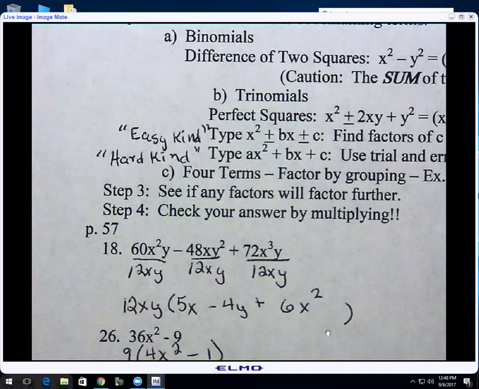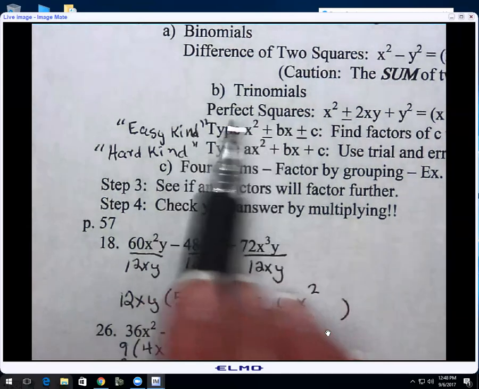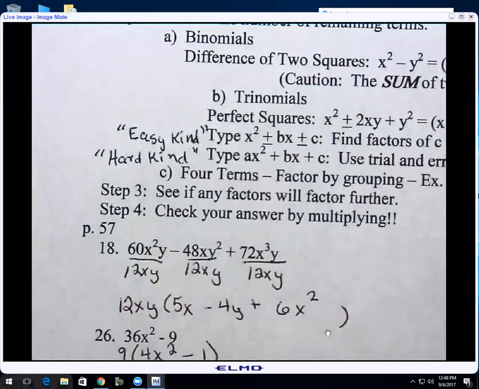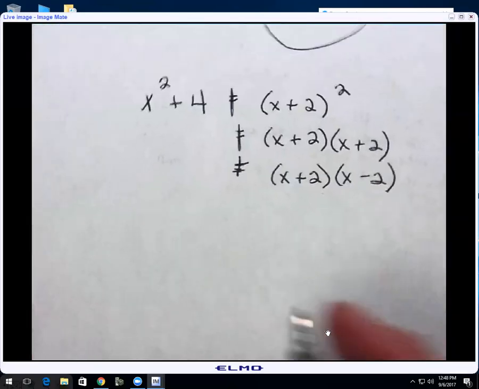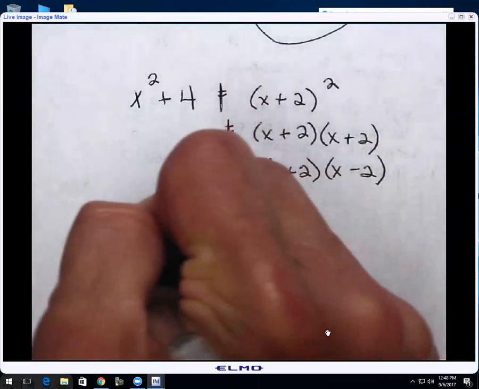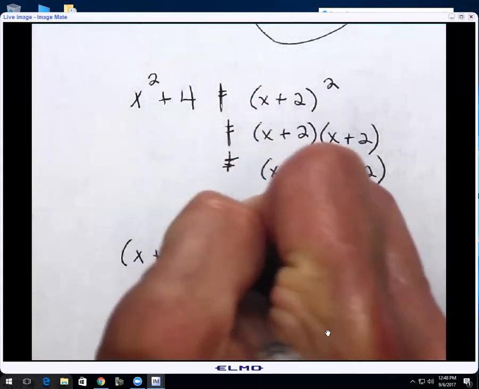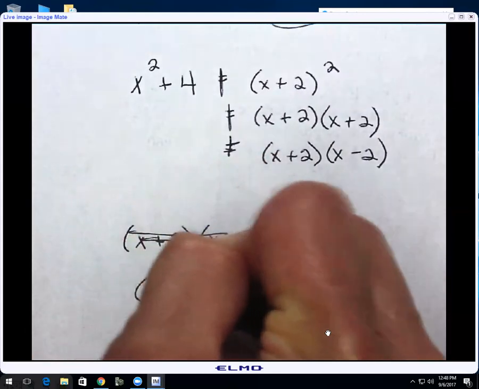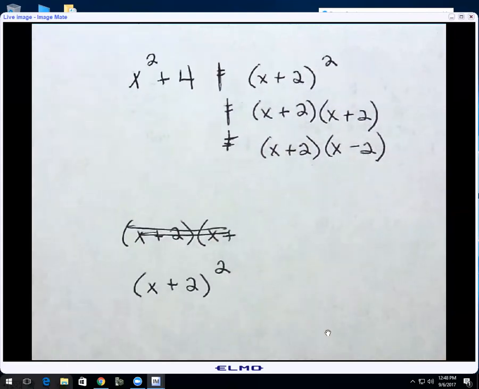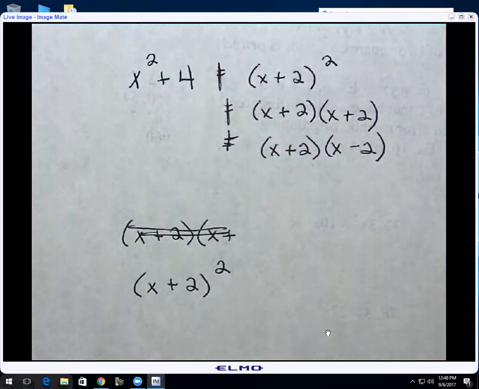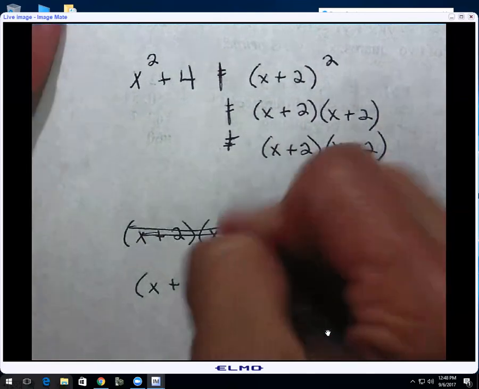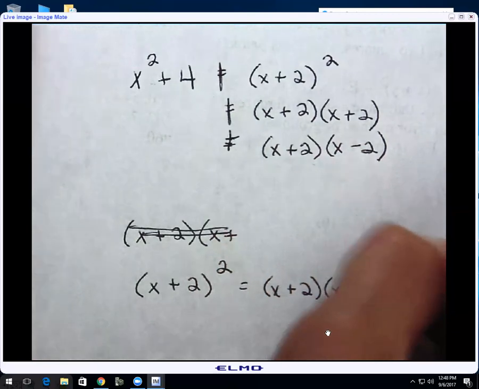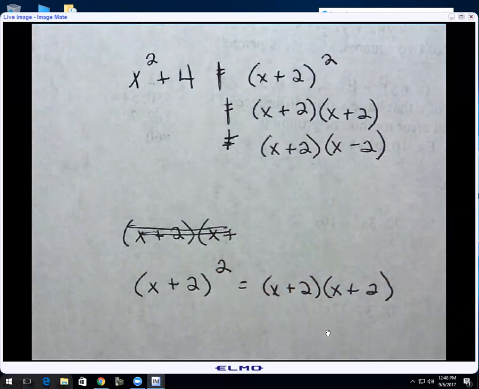But before we talk about those two, let's think about this perfect square trinomial. Last night, if I had asked you to multiply (x + 2) squared, that could have been in your homework last night. You would have said, well, squaring something means multiplying it by itself. So I'm not going to memorize any special formulas.